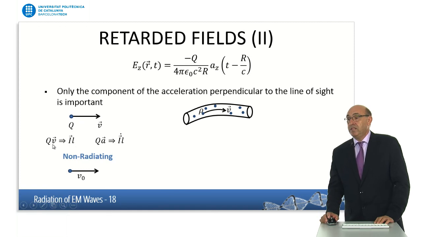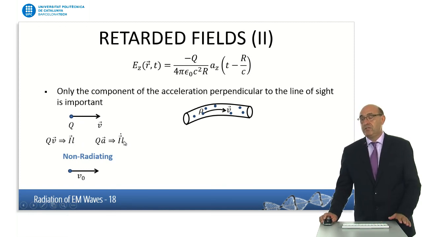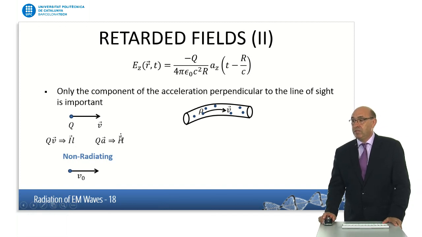And if you take the time derivative here, you will see that the charge times the acceleration is just the time derivative of the current times the length. Here a new notation is introduced. If we put the dot on top of the vector, that means we are taking the time derivative of this vector.